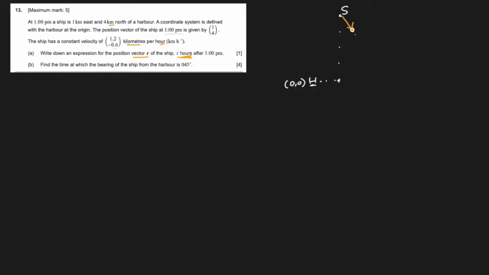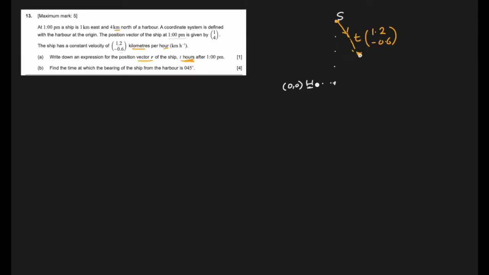So basically it will keep on going here. Suppose it reaches here after t hours. The velocity is (1.2, -0.6), so the displacement from here till here will be t times (1.2, -0.6). They are asking for an expression for the position vector of this particular point, from harbor to this point.